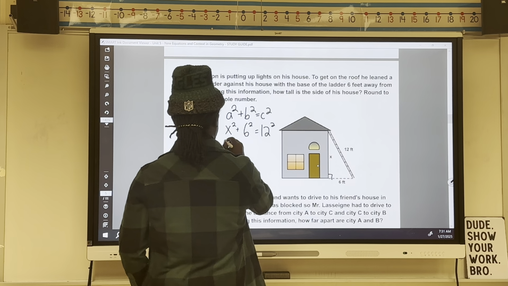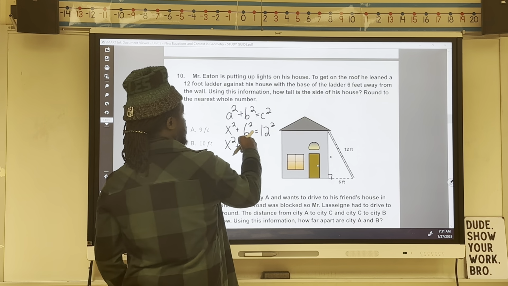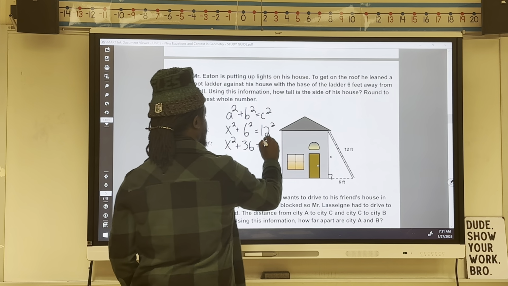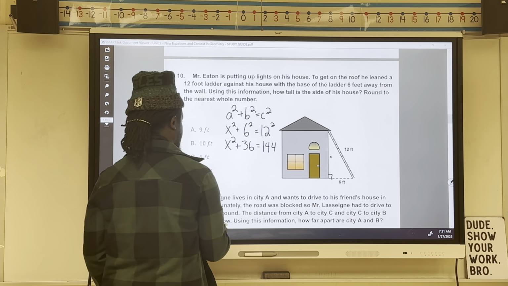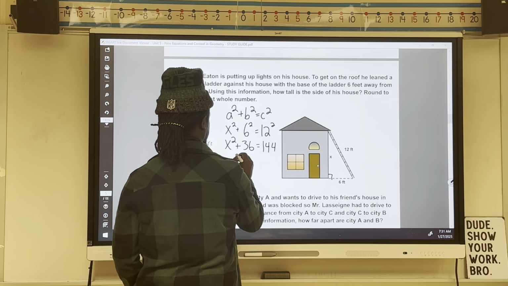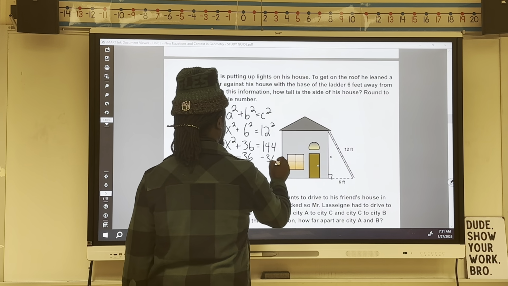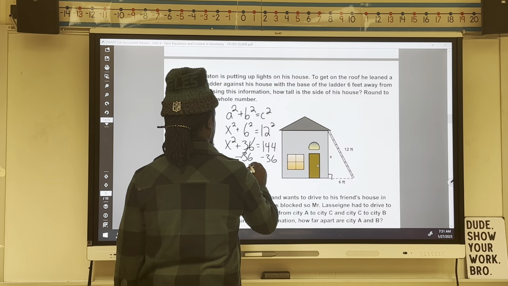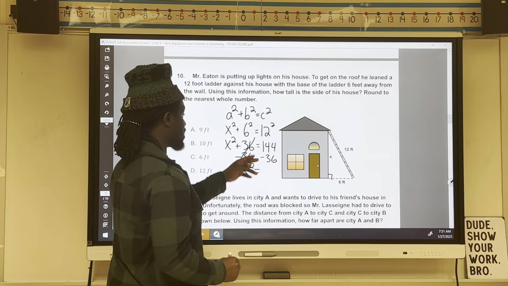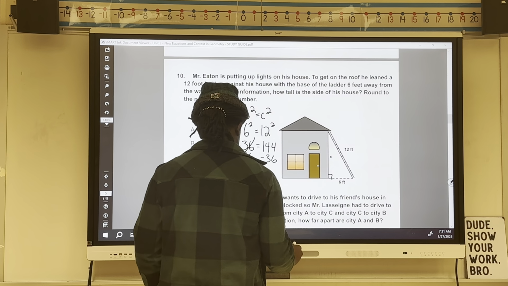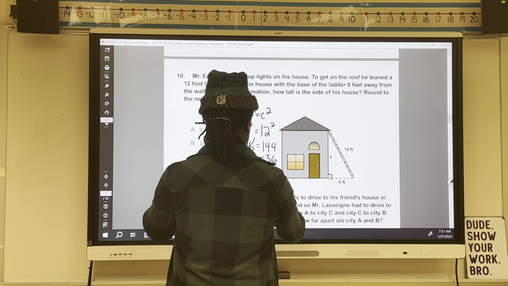So then X squared, 6 squared is 36, and 12 squared is 144. And so then I just subtract. I'm trying to get the X by itself. Subtract 36, subtract 36, those are going to cancel. X squared equals 144 minus 36, and that is going to give me 108.